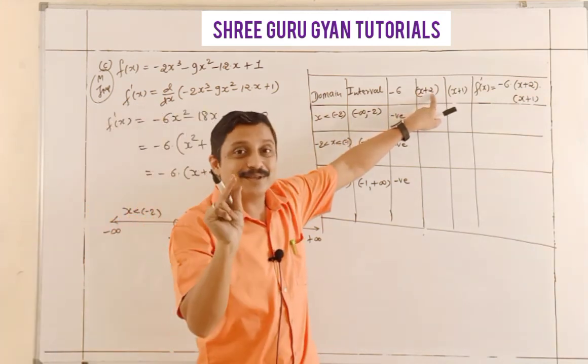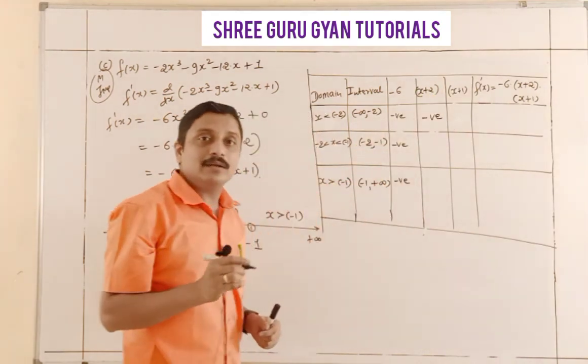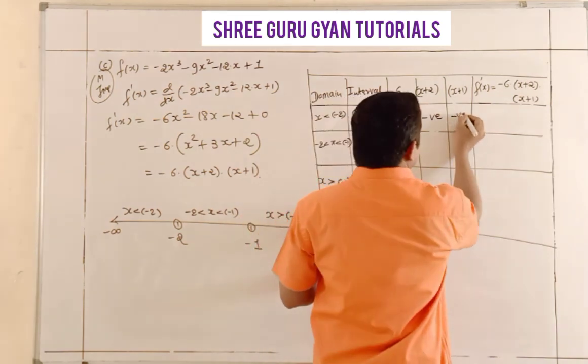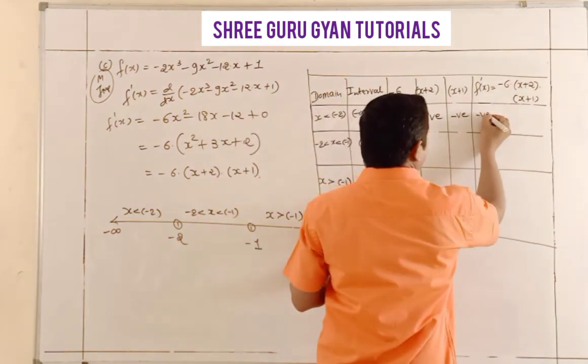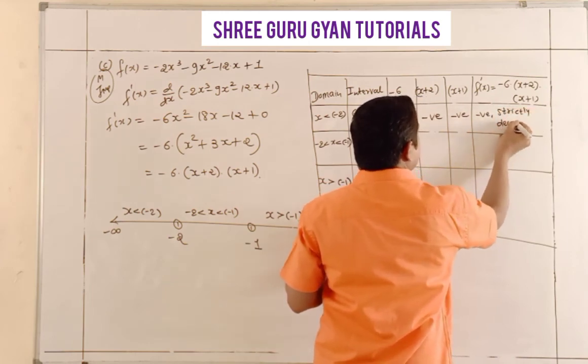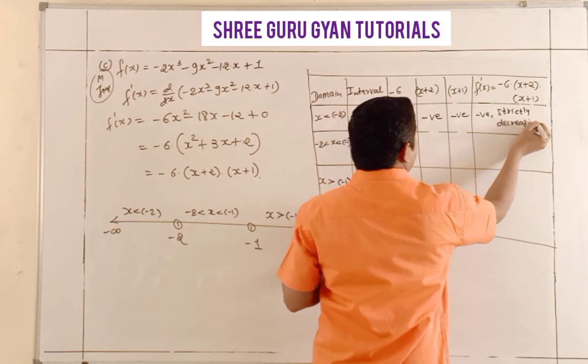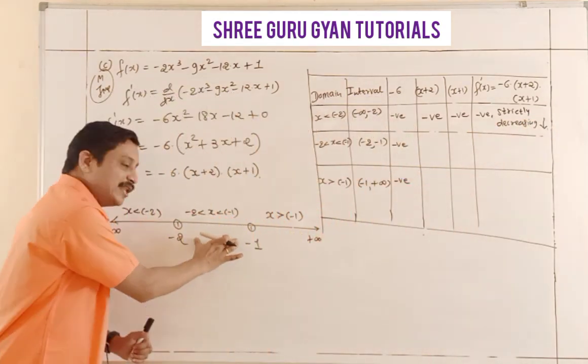Minus 3 plus 2 is negative, minus 3 plus 1 is again negative. Multiply: negative, negative, negative, which is negative. So here it is strictly decreasing, your answer.